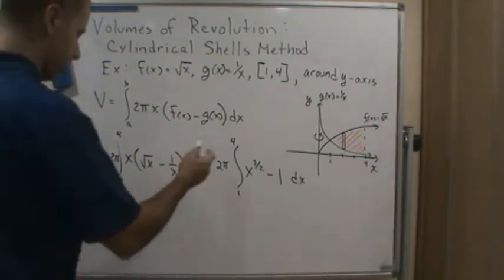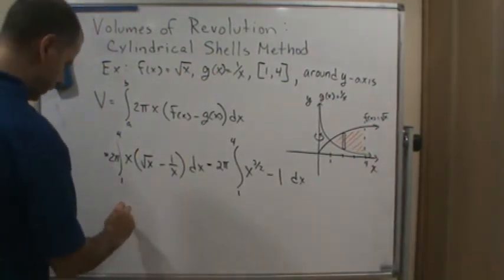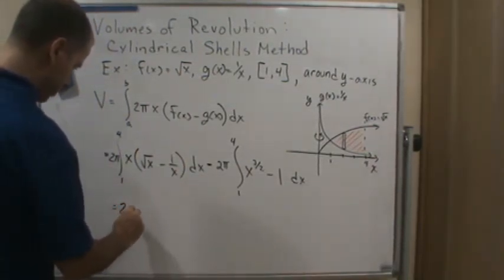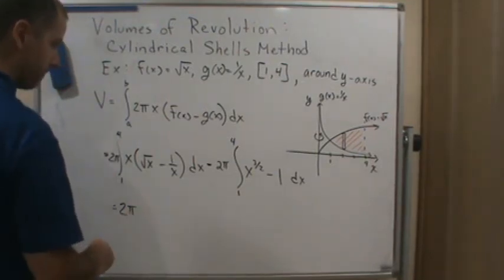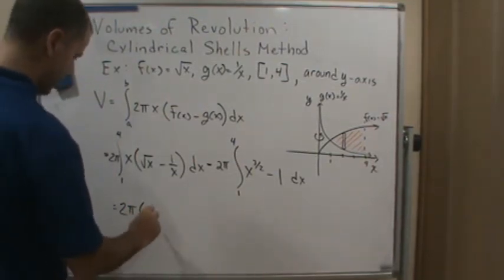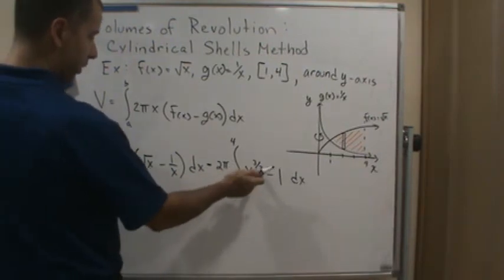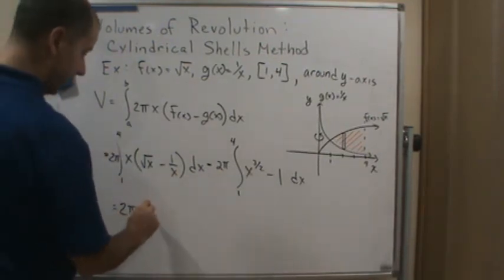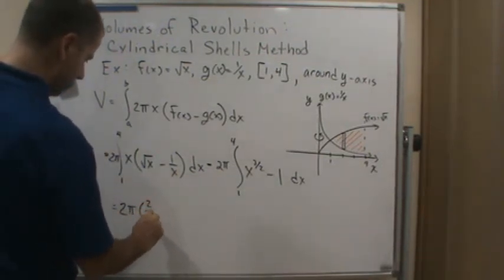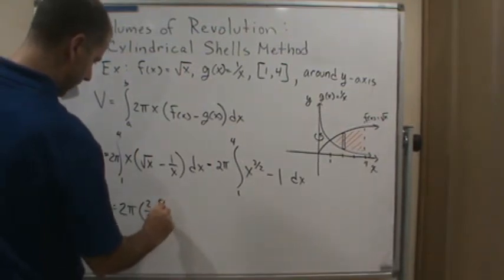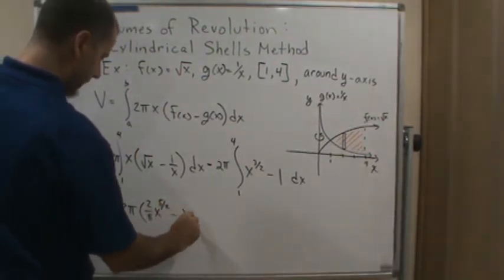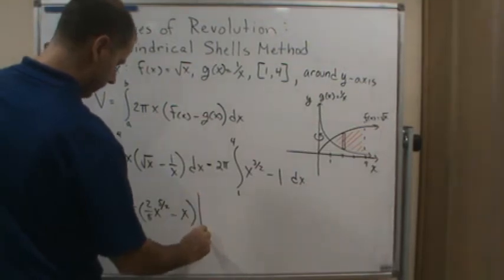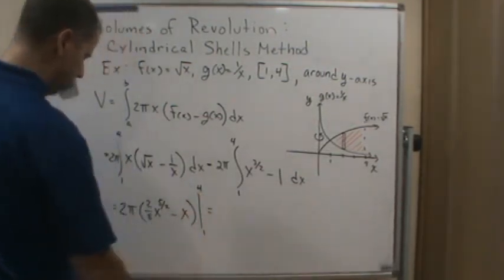And now I'm going to integrate term by term. So this is going to equal 2 pi times, this is going to go to 5 halves, so I'm going to have 2 fifths times x to the 5 halves minus x, evaluated from 1 to 4.